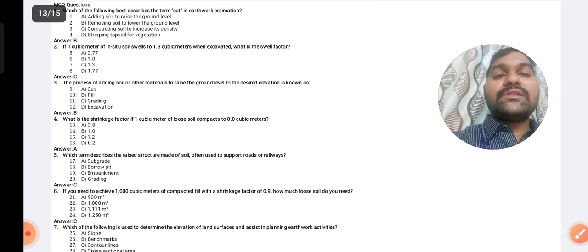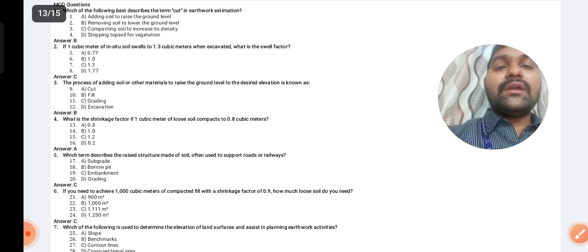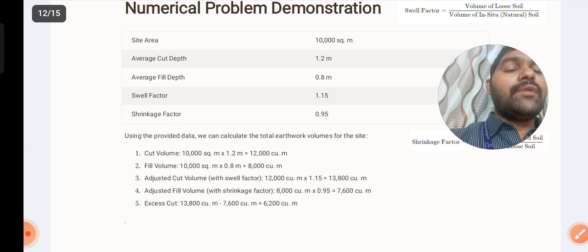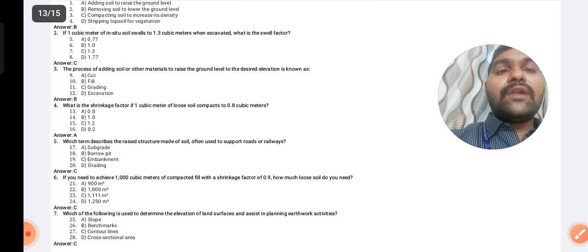And simultaneously, they may ask what the swell factor is, and similarly what the shrinkage factor is. If you utilize the swell factor formula, volume of loose soil by volume of in situ soil, then automatically you get the factor. Here 1 cubic meter is given, and swell 1.3 cubic meter is given.